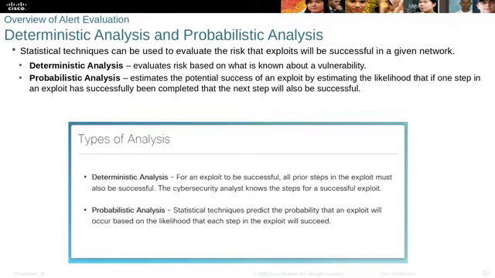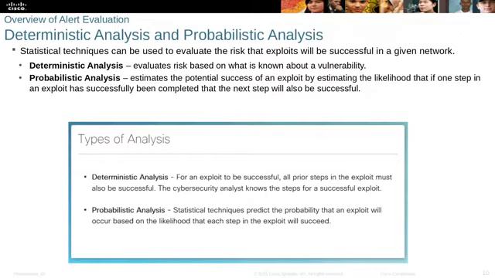In a deterministic analysis, all of the information to accomplish the exploit is assumed to be known. The characteristics of an exploit, such as the use of specified port numbers, are known either from other instances of the exploit or because standardized port numbers are in use. In probabilistic analysis, it is assumed that the port numbers that will be used can only be predicted with some degree of confidence.